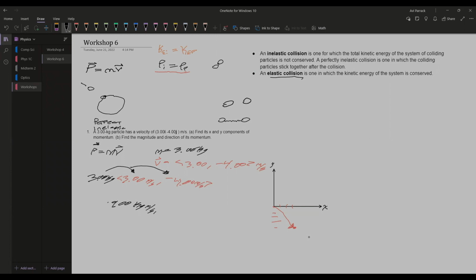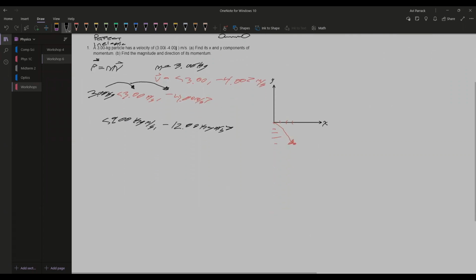So looking good so far. And this becomes minus 4 times 3 is minus 12 kilogram meters per second. There we go. Doesn't get any easier than that. We're just following the definition of momentum, straight from the formula, calculating it through. Let's see what the next problem is.